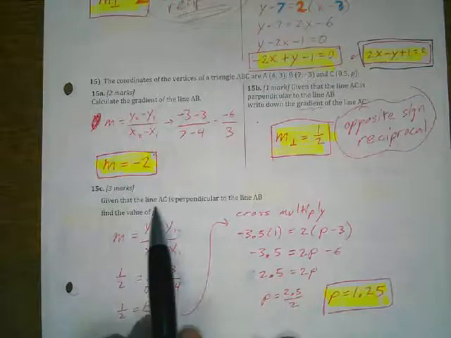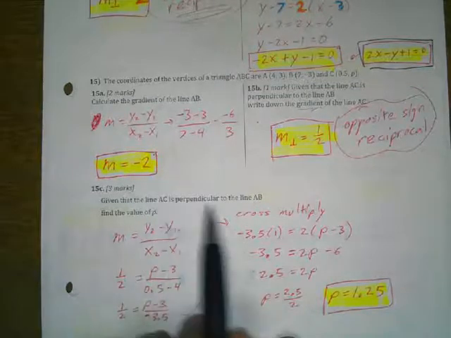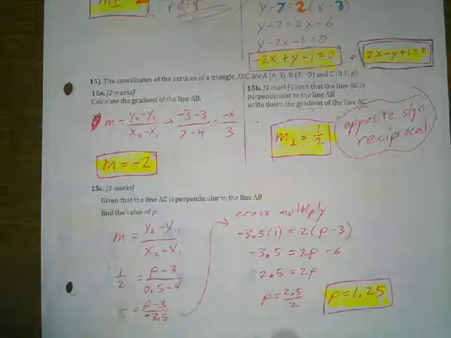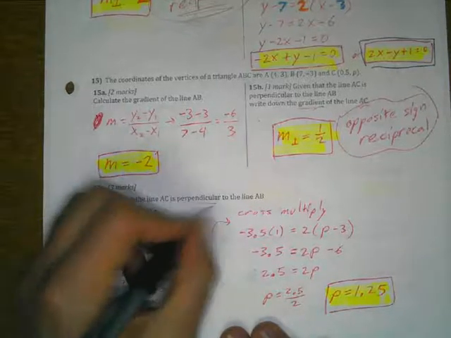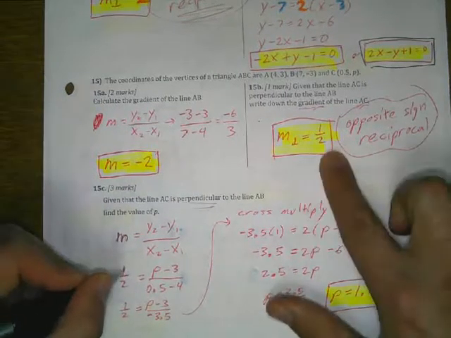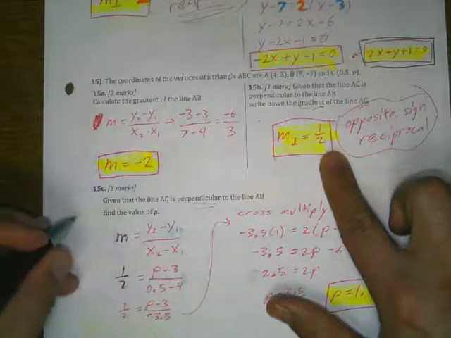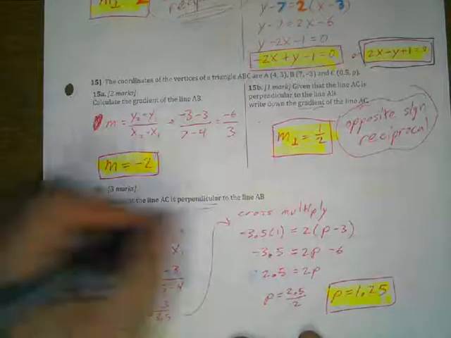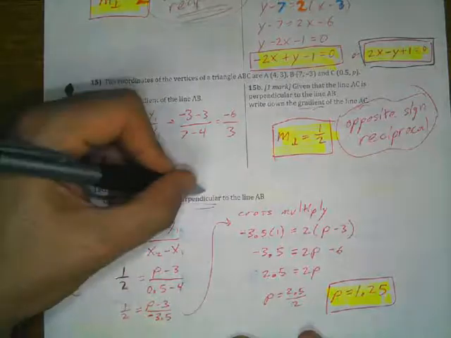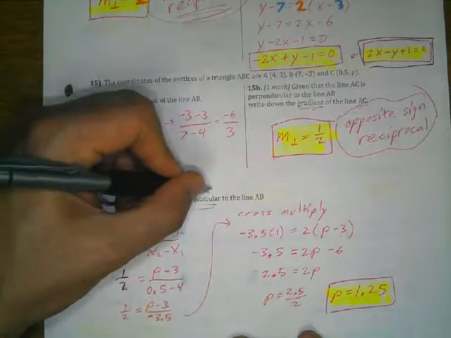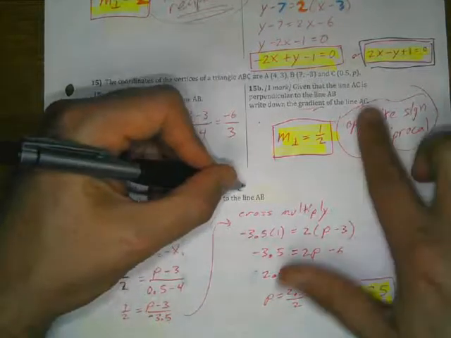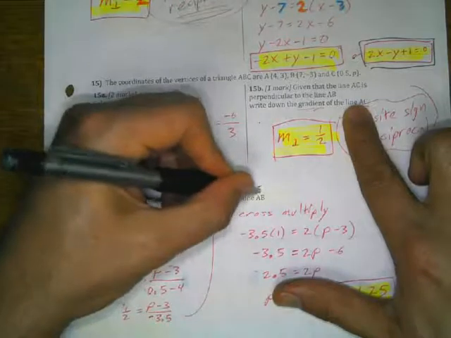Given the line AC is perpendicular to line AB, find the value of p. So once again, perpendicular to AB, so I'm going to use the perpendicular slope, which is 1/2, and I'm using coordinates, this is for line AC. So A is 4, 3, and C is 0.5, p.